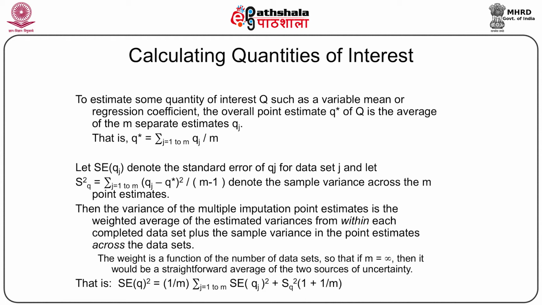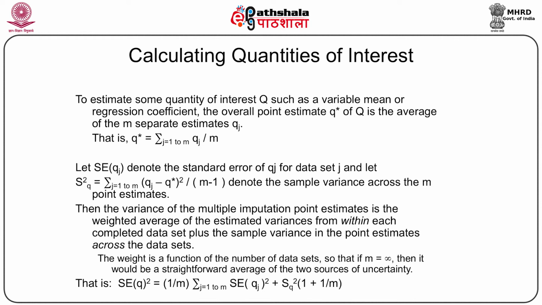That is, q star will be the sum of q sub j over m, with j from 1 to m. Let SE(q sub j) denote the standard error of q sub j for data set j, and then S_q squared is the sample variance across the m point estimates. Then the variance of the multiple imputation point estimate is the weighted average of the estimated variances from within each completed data set plus the sample variance in the point estimate across the data sets.